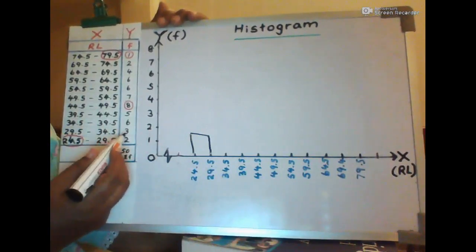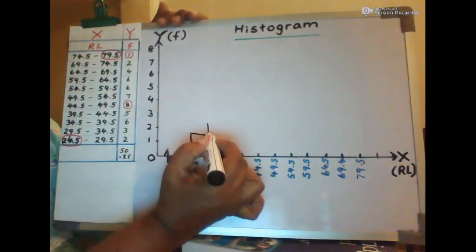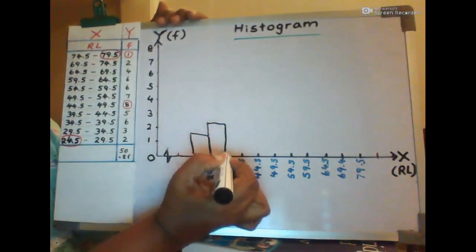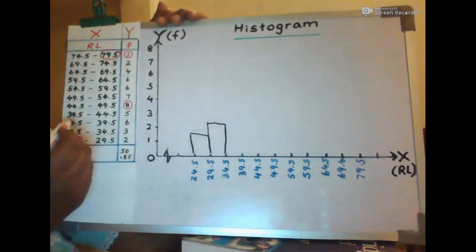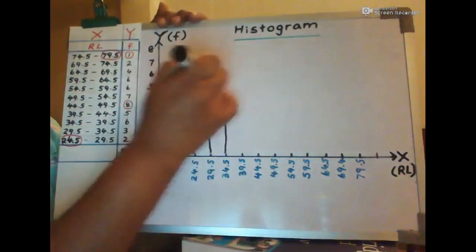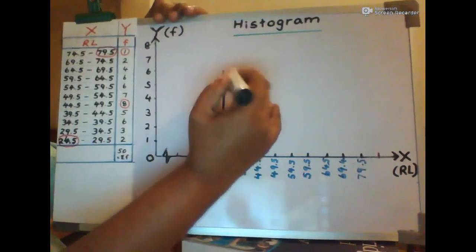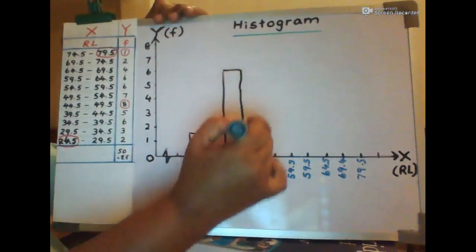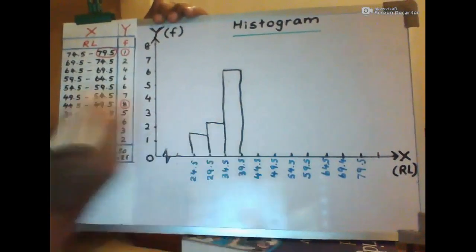How many students? 3. 34.5 to 39.5, 6. 39.5 to 44.5.